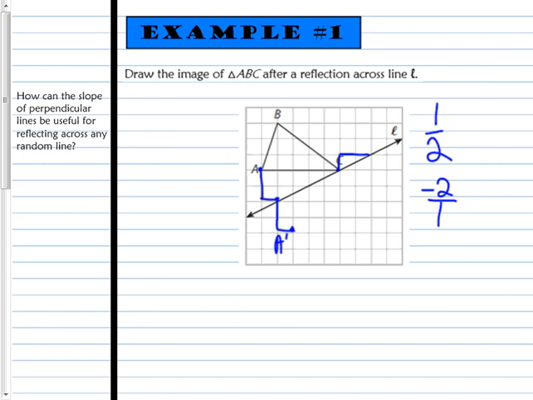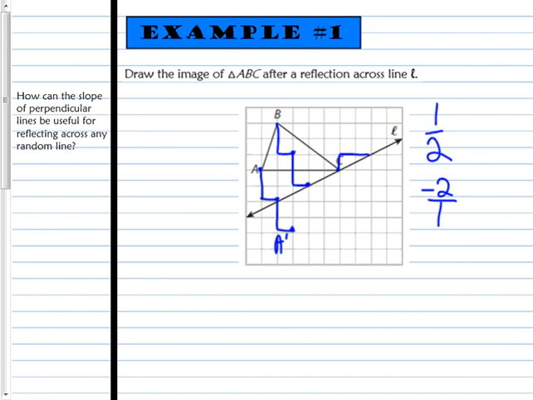So now let's go to point B. Down 2 over 1. Am I on line L yet? No, I'm not. I need to keep using the slope until I'm on line L. So down 2 over 1. So I had to use the slope 2 times to get to line L. Since it took me 2 slopes to get to line L, the same thing happens on the other side.